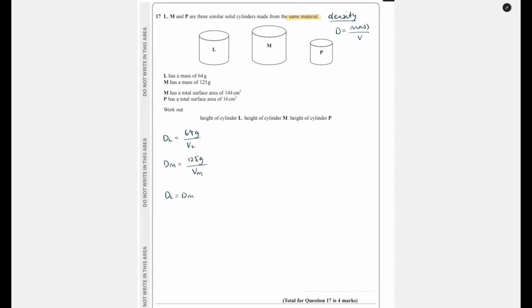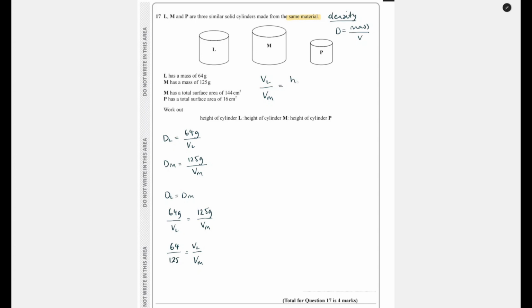And therefore, we can equate these two equations. We have 64 grams over VL is equal to 125 grams over the volume of M. And so we can rearrange this equation to get the V's on one side and the numbers on the other, and that becomes 64 over 125 is equal to VL over the volume of M. Now, using our knowledge of similar shapes, we know that the ratio of the volume for any sort of shape, in our case VL over VM, is just the length or the height, in our case, cubed.